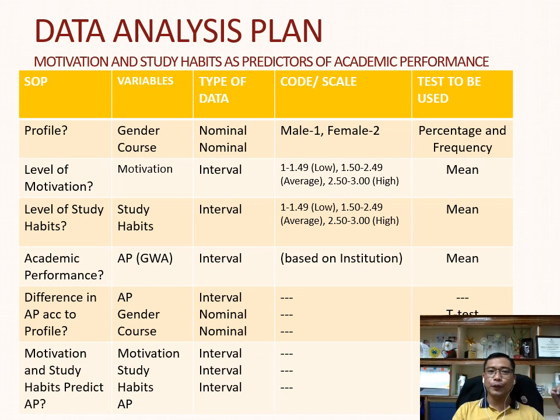But to answer that, this is a question of cause and effect, therefore you would be using regression as an analysis. By this, even in the conceptualization phase, you already have an overview of what to expect in the data analysis for your study.